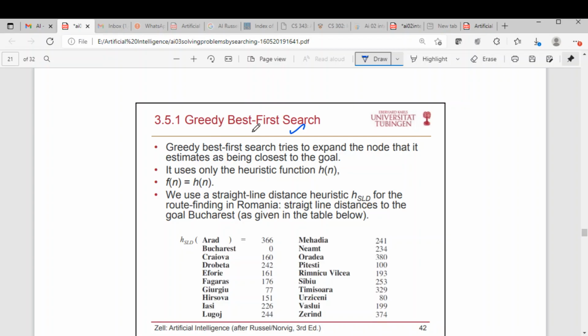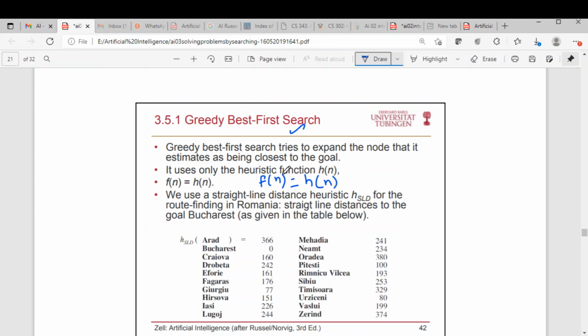For greedy best first algorithm, the evaluation function is defined just as f of n is equal to h of n. It's not defined as f of n is equal to g of n plus h of n. Generally the evaluation function will be f of n is equal to g of n plus h of n, but greedy best first search doesn't take that. It takes the evaluation function directly as f of n is equal to h of n.